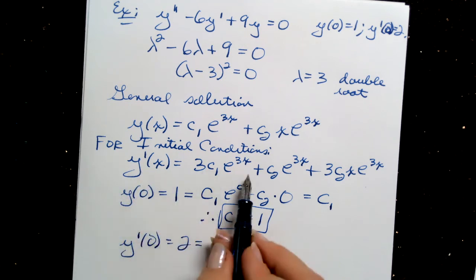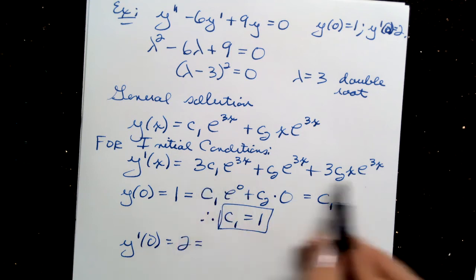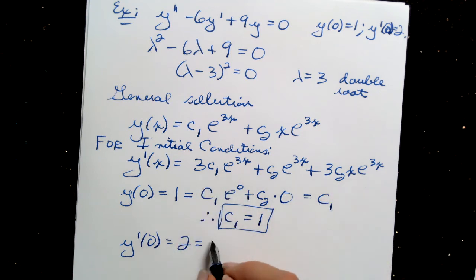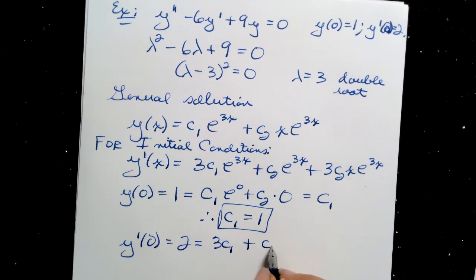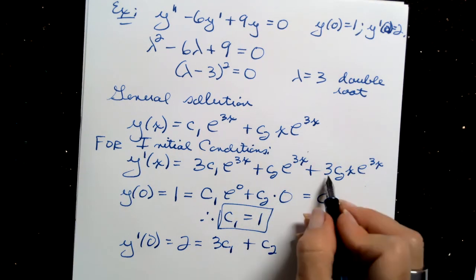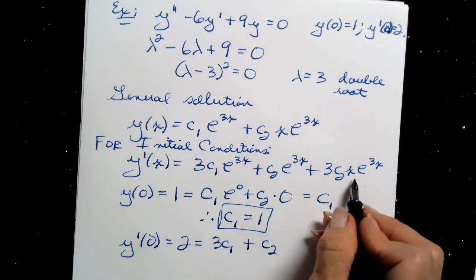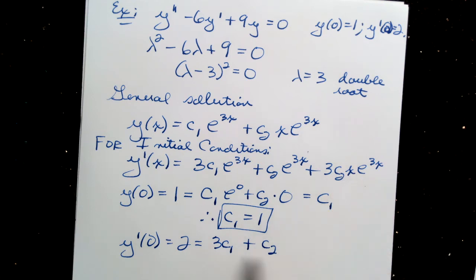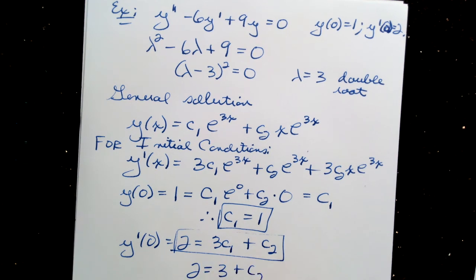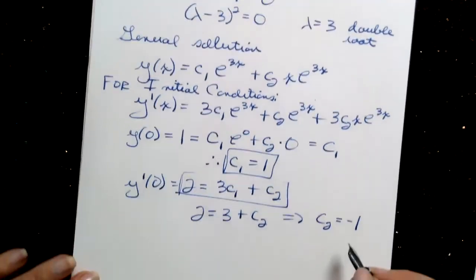So let's see, I plug in x equals 0 in y prime. So that gives me 3c1 times e to the 0 plus c2 times e to the 0 plus 3c2 times 0. So I have this equation, but I know that c1 is 1, so that says 2 is 3 plus c2, which tells me that c2 is minus 1.